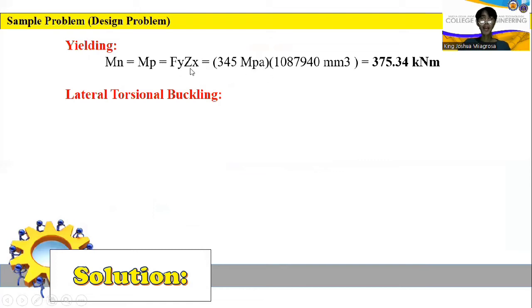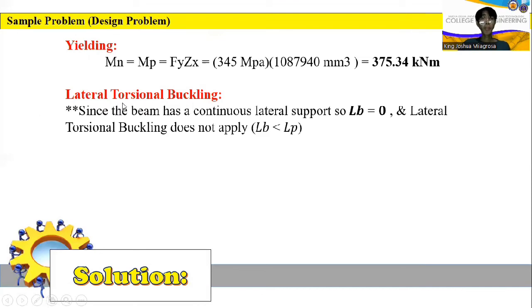Multiply lang natin yan sa Zx, which is yung plastic modulus natin na 1,087,940 mm3, which is makukuha na natin yung nominal moment natin na 375.34 kilonewton meter.